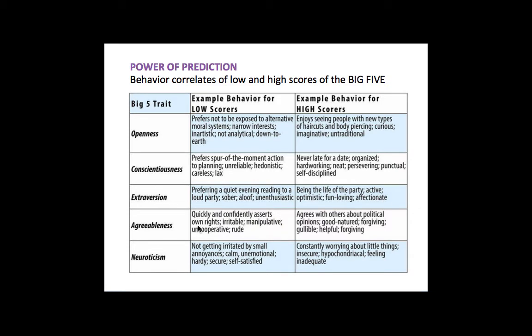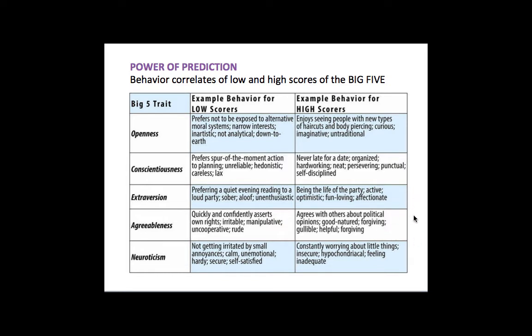Agreeableness, low scores would be, well, quickly and confidently asserts rights, dominator type behaviors, easily irritable, is not concerned about being manipulative, uncooperative, rude, blunt. House is a good example, the character of low in agreeableness, and high goes along with everything.